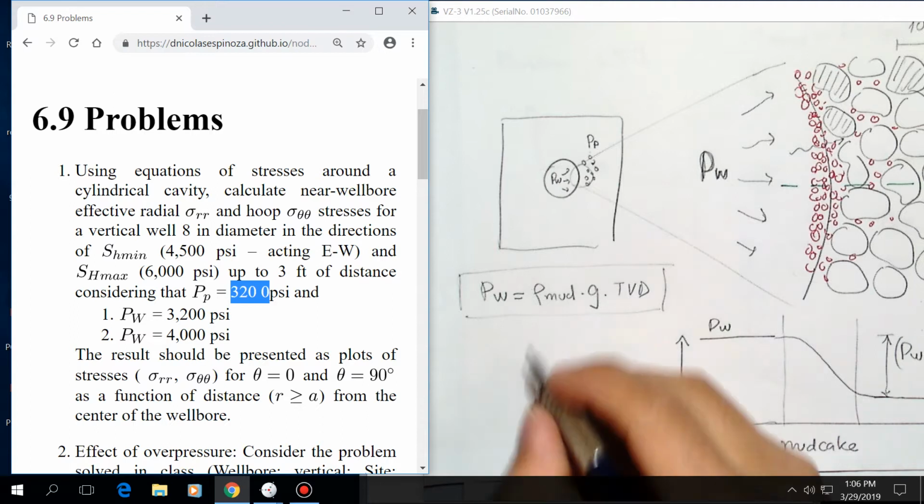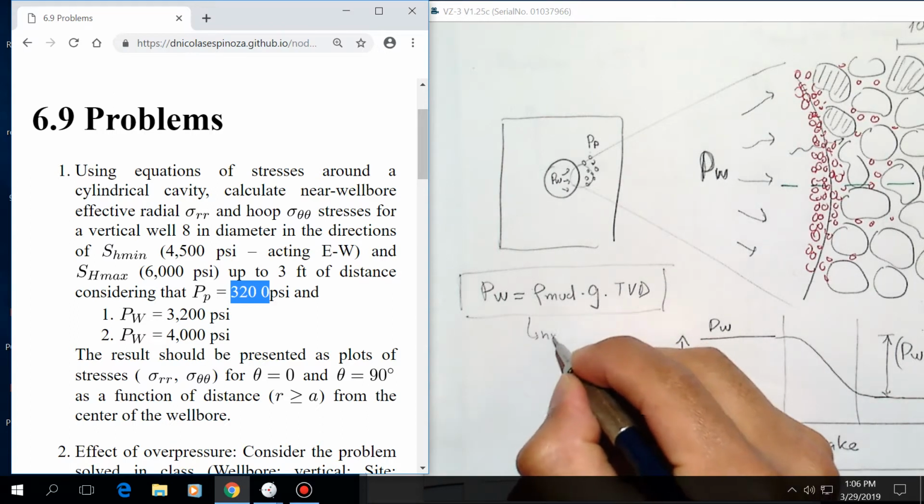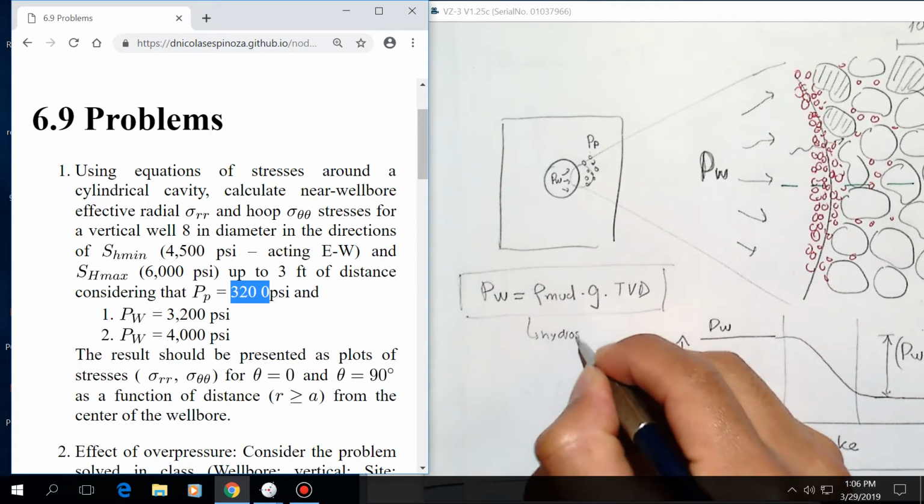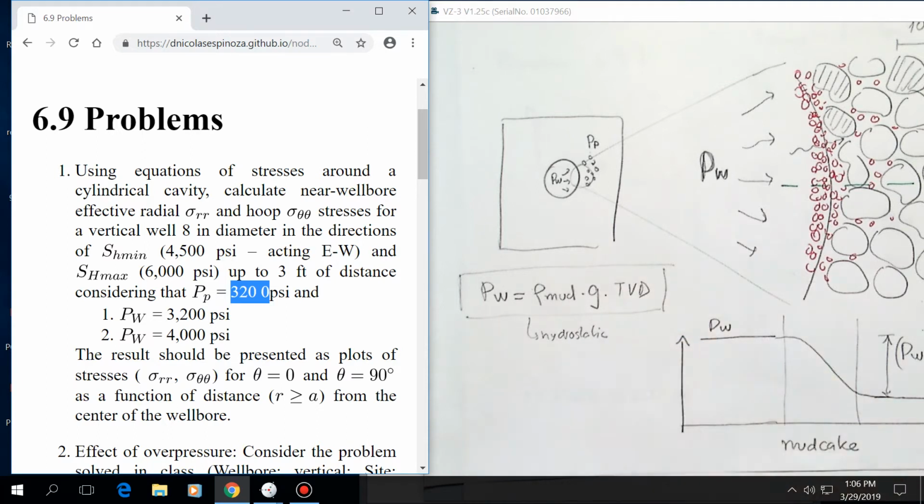In this case, we're assuming this is hydrostatic. And if you have some other tools like pressure control, or if you have a non-zero pressure on the drilling rig, then you will have to add that. And if you have fluid flow through the annulus and you're drilling, there are going to be a few more viscous losses that you're going to have to consider. But you're going to see that in drilling.